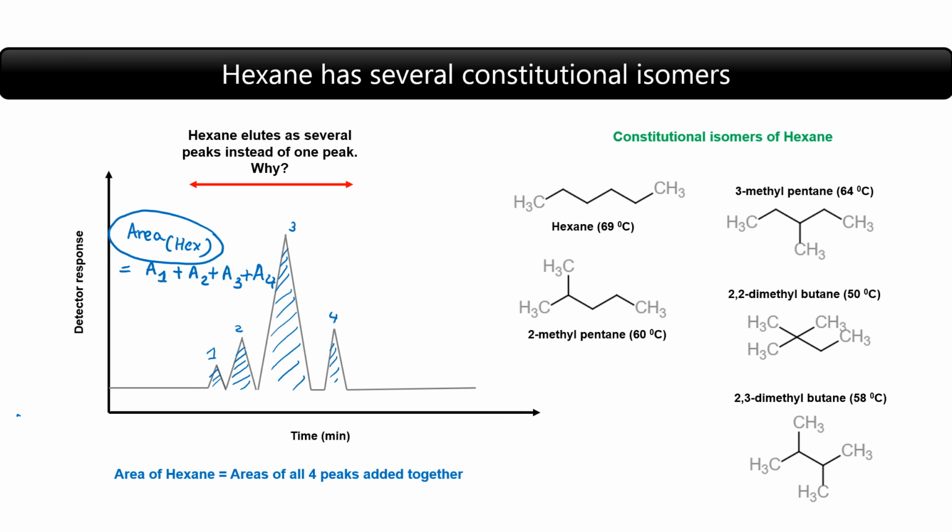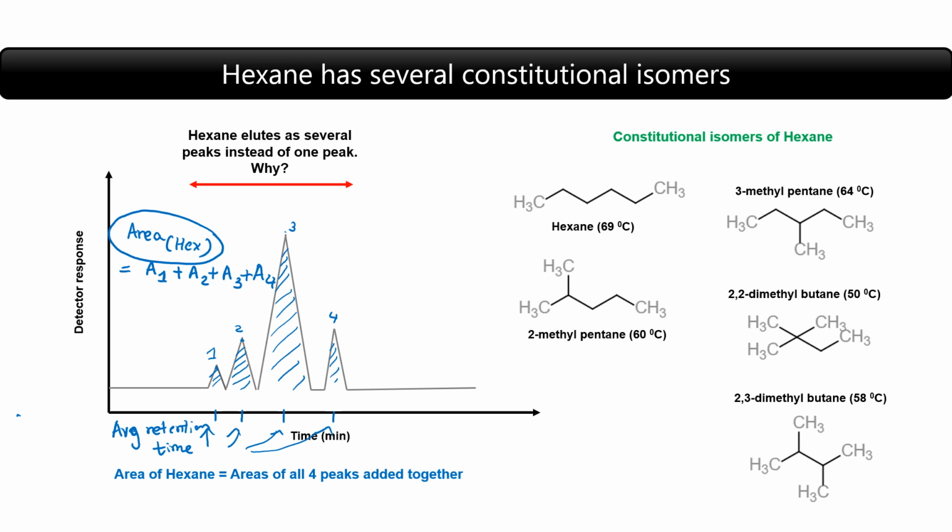And some people might ask, so if we get this kind of separation, what are we going to record as the retention time? You can either choose to get 4 separate retention times based on the 4 separate peaks, or else you can get those 4 different retention times, add them all together, and divide by 4 to get an average retention time instead of recording 4.